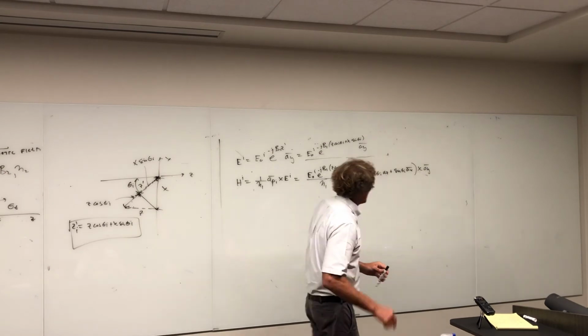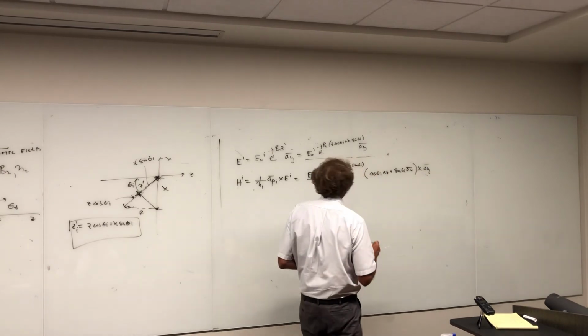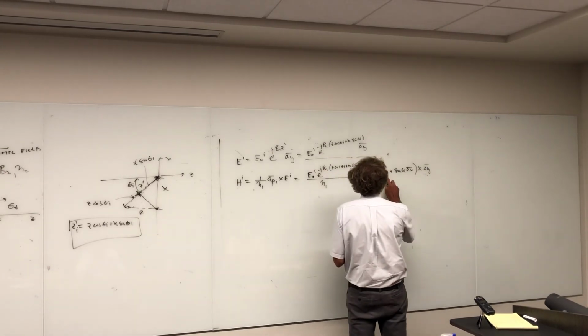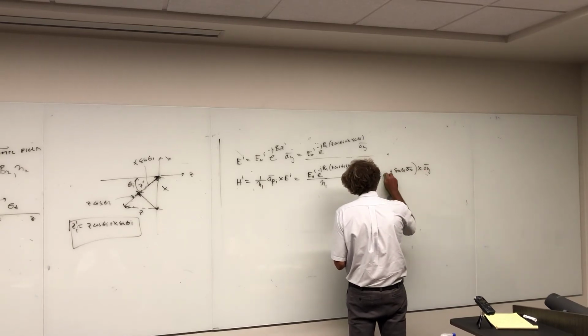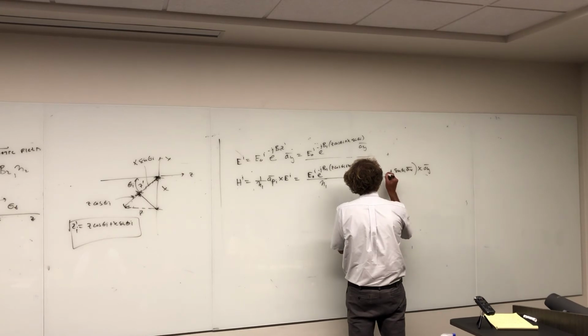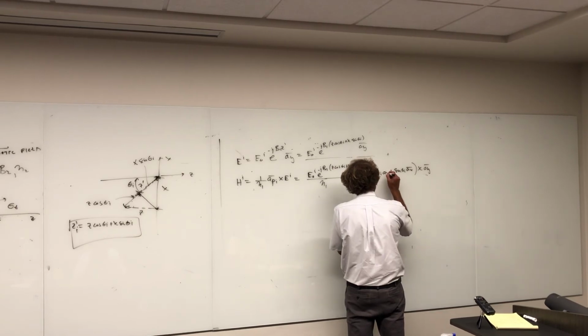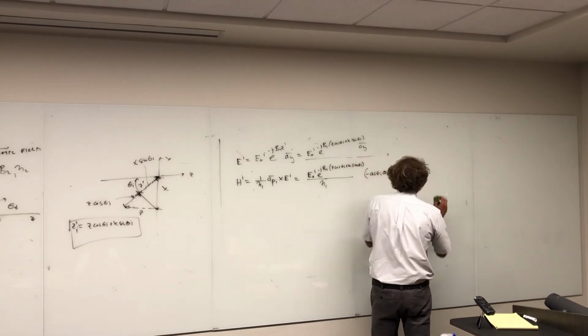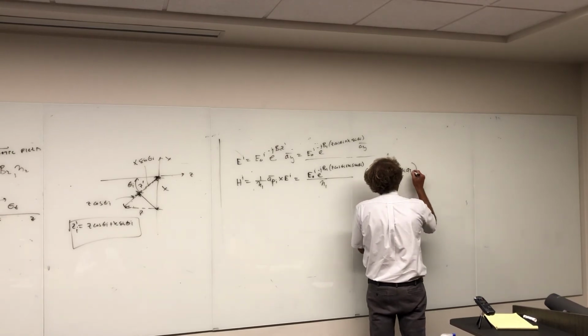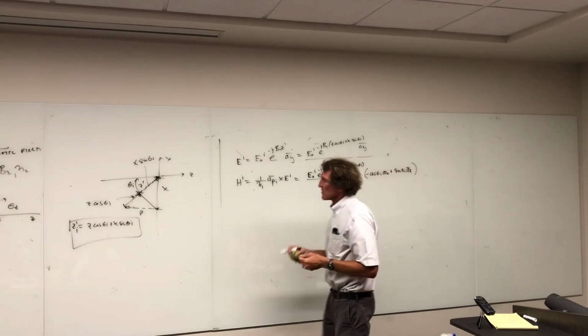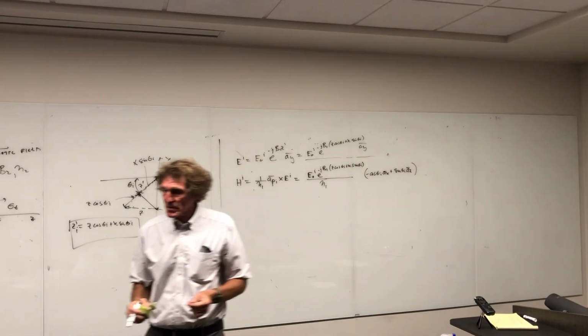So, so I don't have to rewrite the whole thing again, since az crossed ay is minus ax, I'll put minus ax here, and since x cross y is az, I'll just put plus az here. And that will be the H field expression he has. Can you confirm that, whoever has an open book?